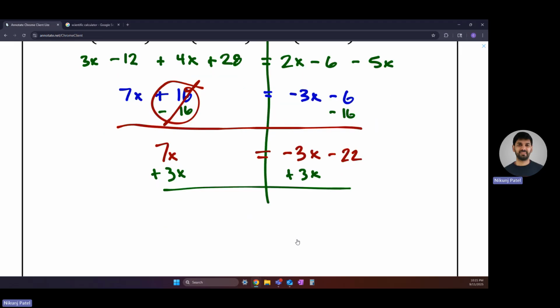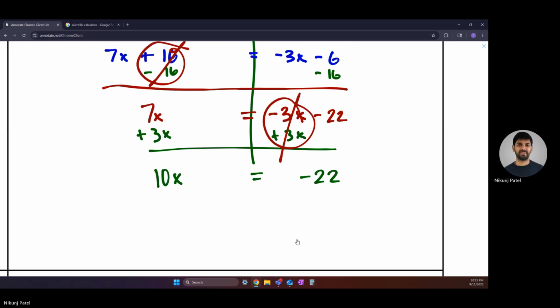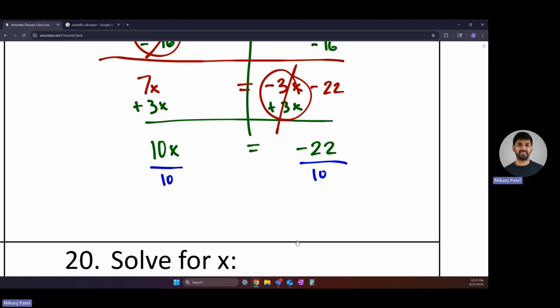So we end up here with 10x equals negative 22. And now we're going to divide both sides by 10. So we end up with x equals, in this case, let's just say that your answers are fractions, and you don't see this fraction in there.